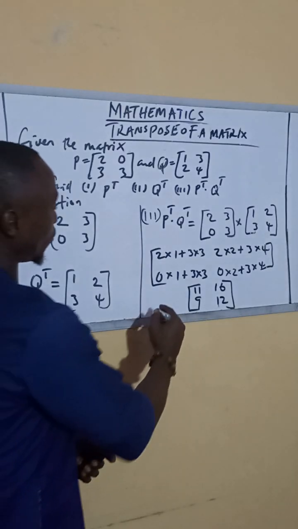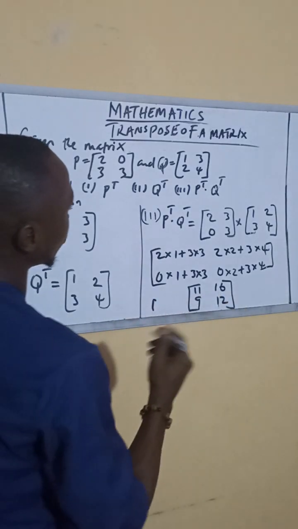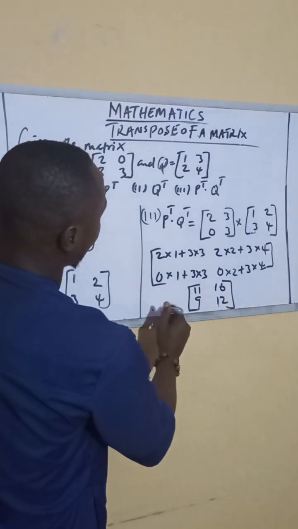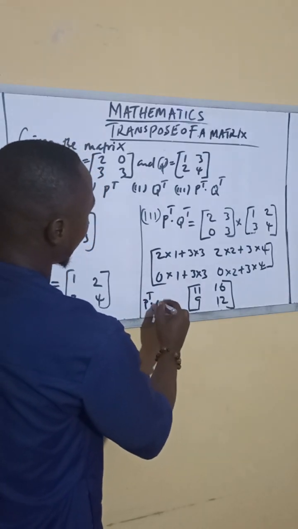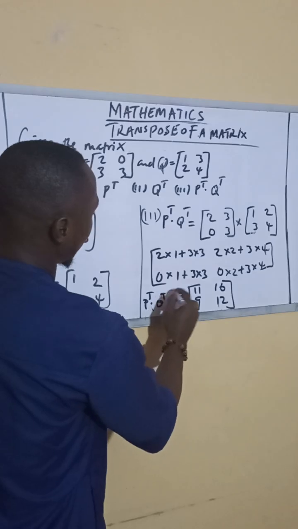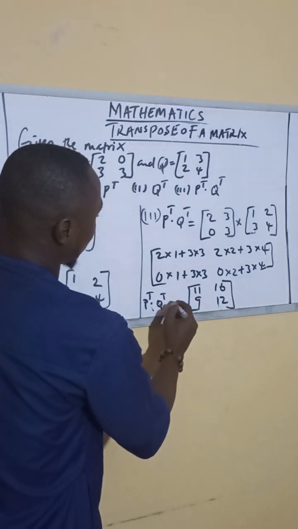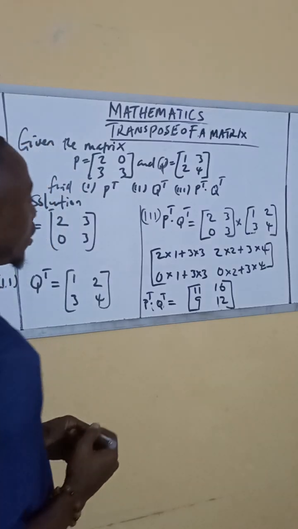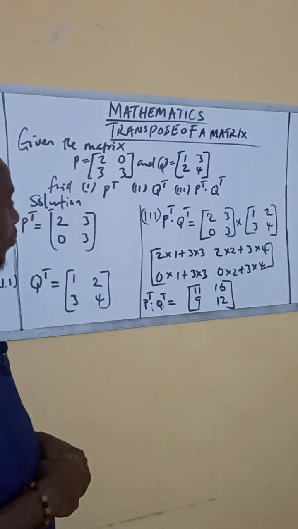Like this, you've gotten your P transpose Q. But what is only left out here now is one thing.